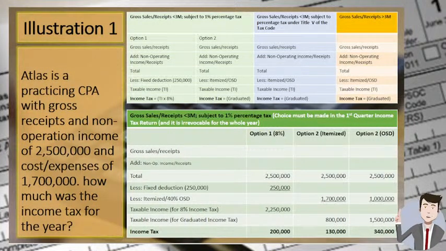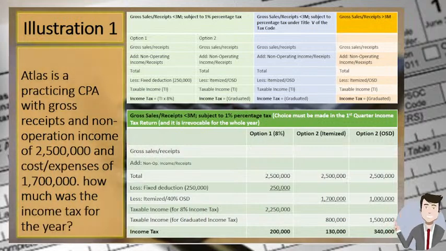So he can avail the option of 8% income tax. Or he can select the graduated income tax rate. For the graduated income tax rate, Atlas can also select between itemized deduction and the optional standard deduction.